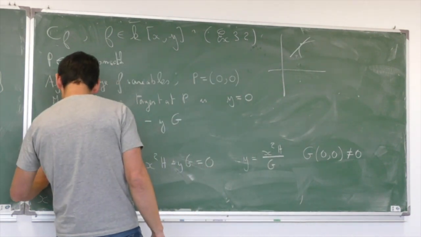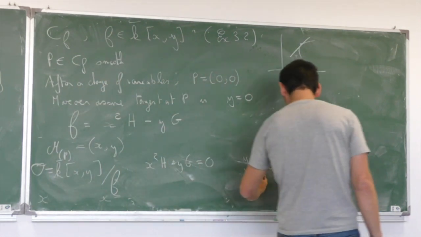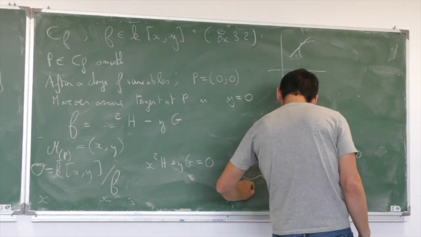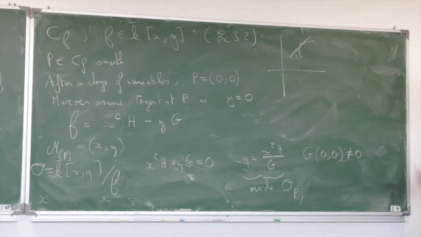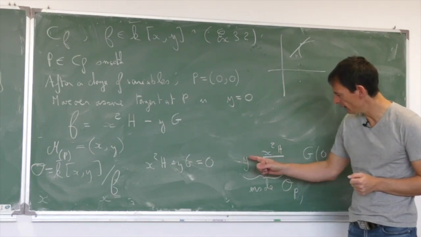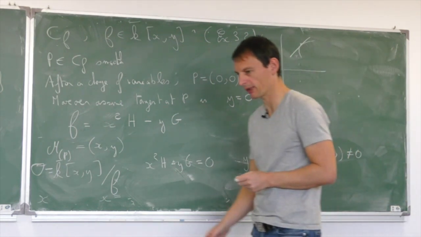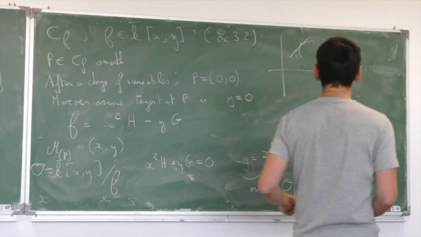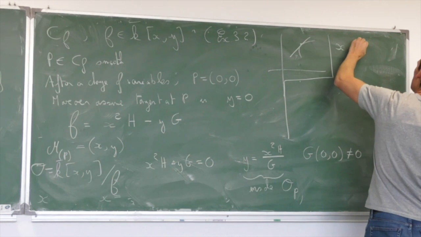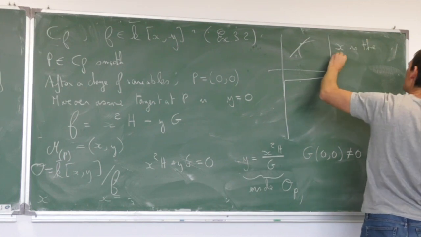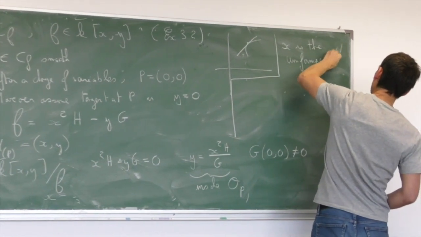So this is my ring O, and this expression is inside O of P. And I'm done, because now what I have done is that I have expressed y as a power of x. So x is going to be my uniformizer. So this is a conclusion. So I can maybe write it here. So x is the uniformizer at 0, 0.